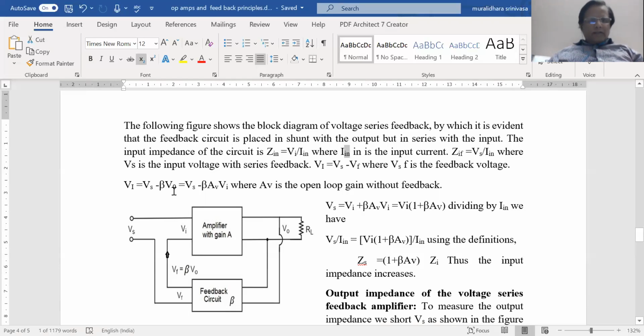So that's equal to Vs minus beta V naught. V naught is nothing but gain times input voltage. So Vs minus beta AV Vi, where AV is the open loop gain without feedback. So Vs therefore is equal to Vi plus beta AV Vi.